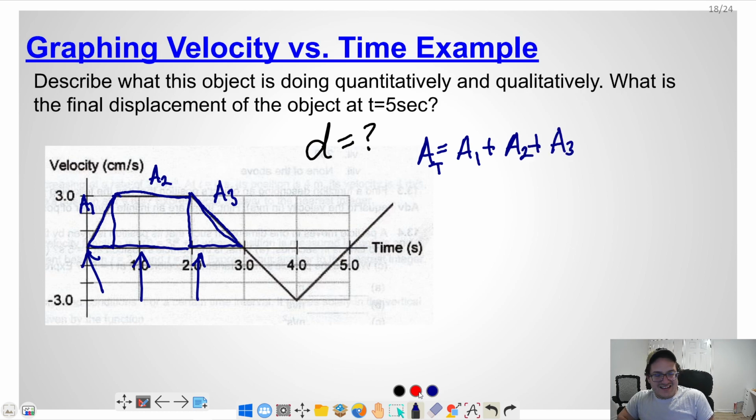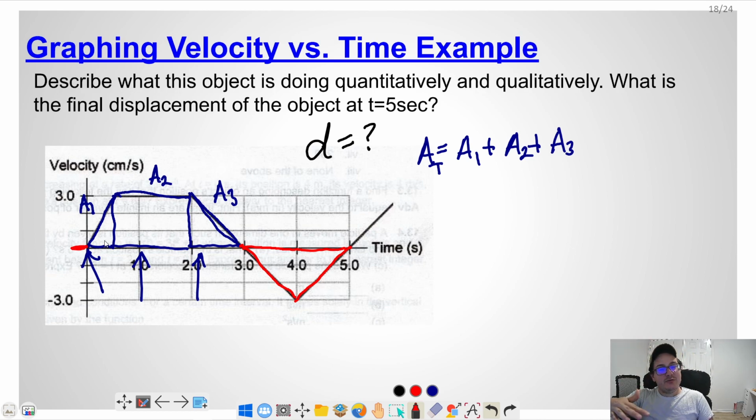Okay? Now, let's look at my line right here. Notice how it goes down and it is below 0, which means my velocity is negative. So if it's above 0, your displacement's positive.